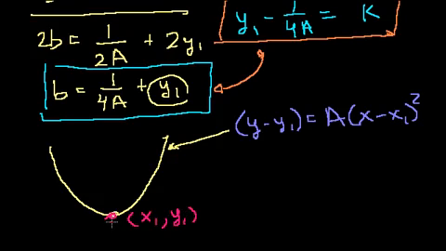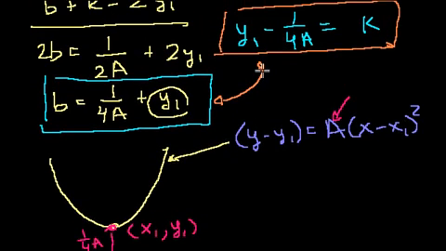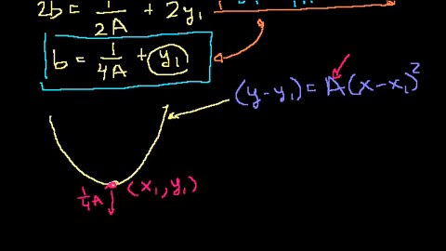So you literally just go down 1/4, not just 1/4, 1/4 times this scaling factor. So it's 1 over 4a. This distance is 1 over 4a, and then you get your directrix, right? It's y1 minus 1 over 4a is equal to k.